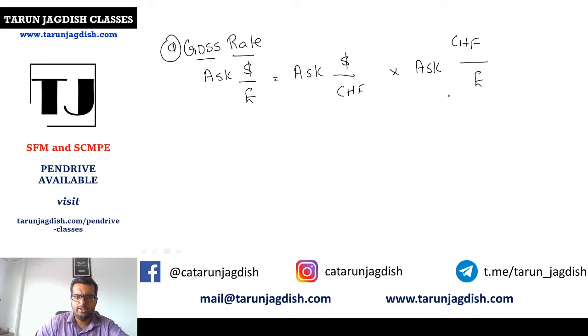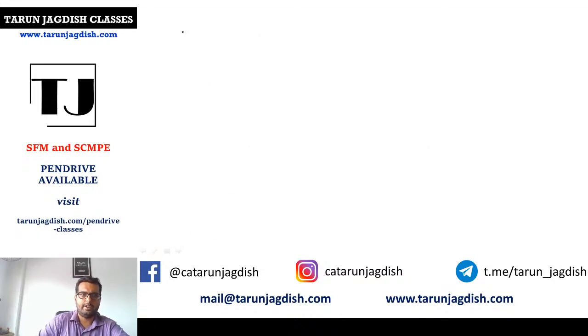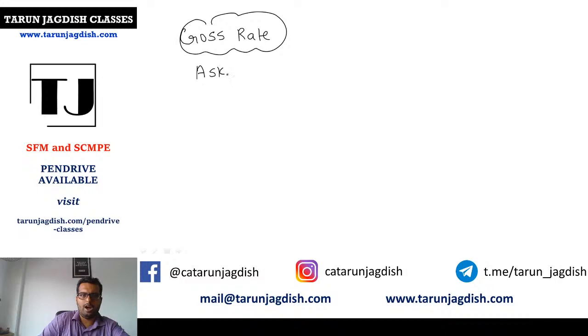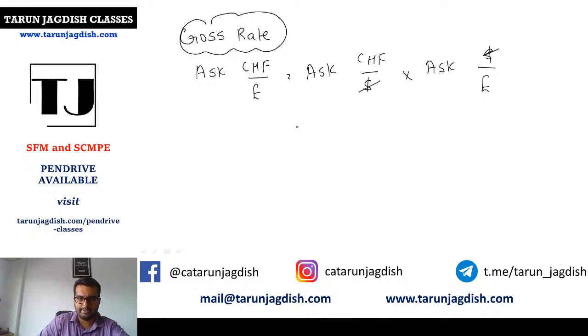So far correct. So here the equation will change. I will write down the heading as cross rate. The equation will be ask CHF bar sterling is equal to ask CHF bar dollar into ask dollar bar sterling. Like this only dollar will get cancelled.